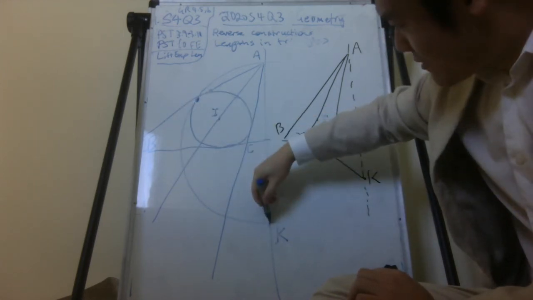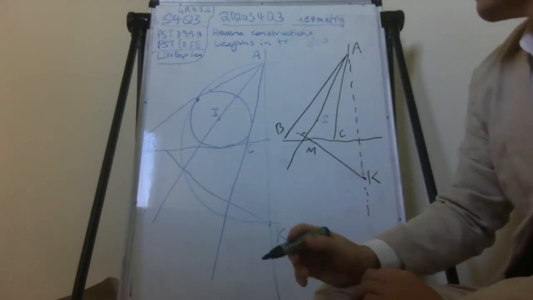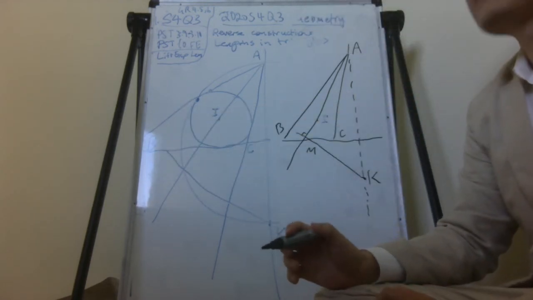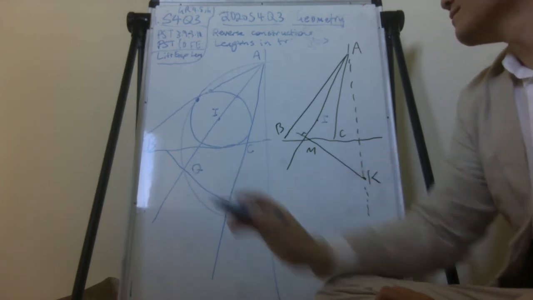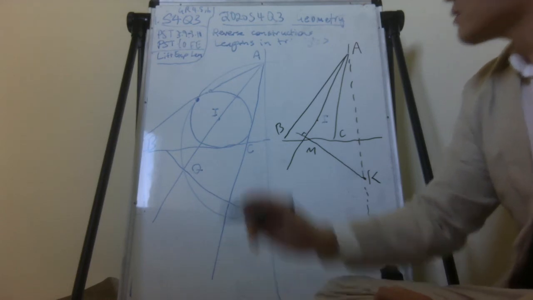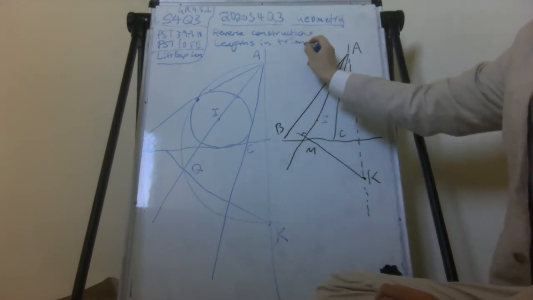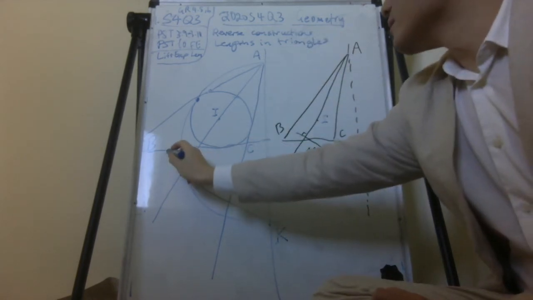Let's see reverse reconstruction. Yeah? Now you can call this point Q. And this is meant to be M, right?